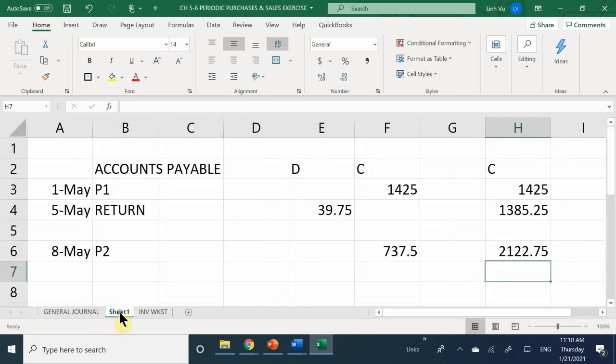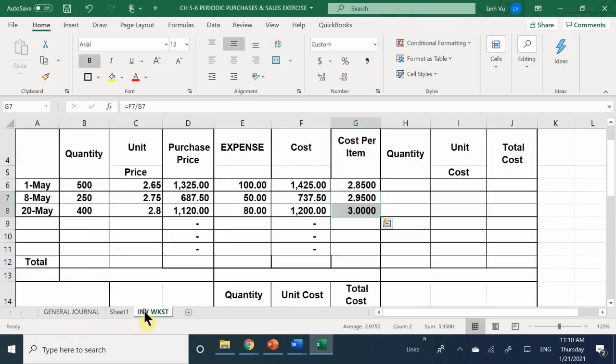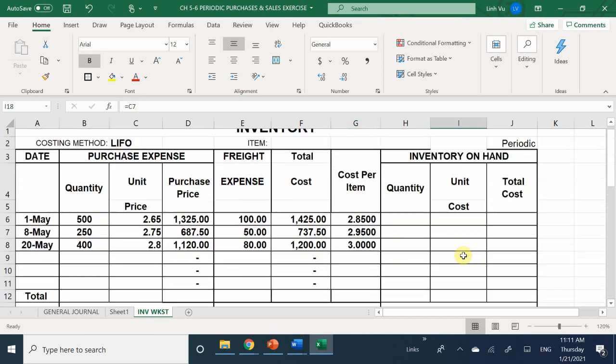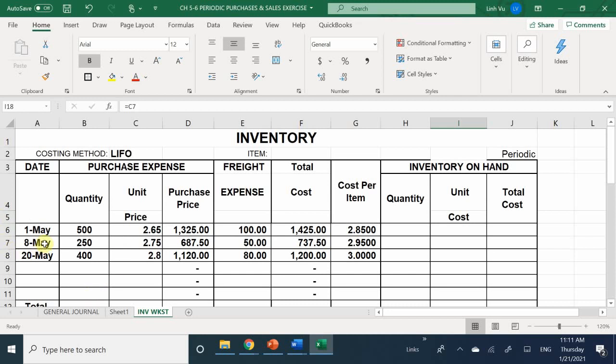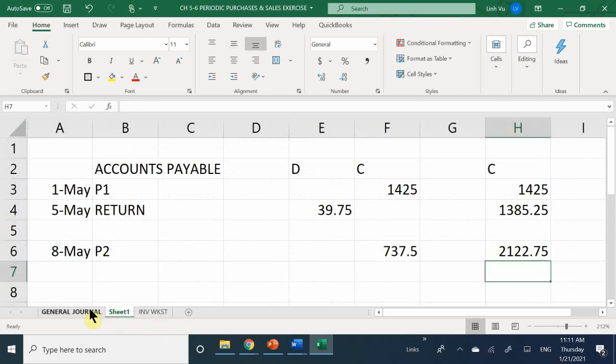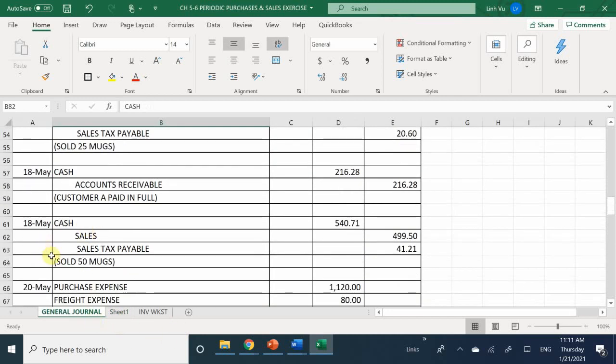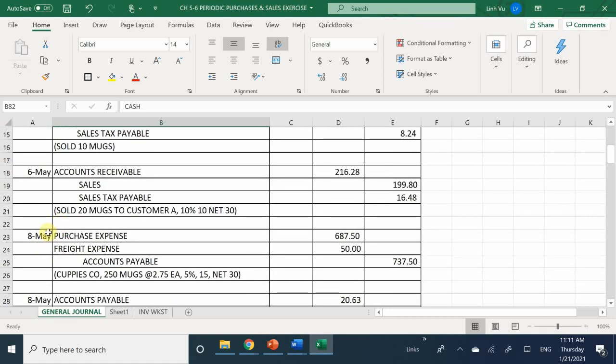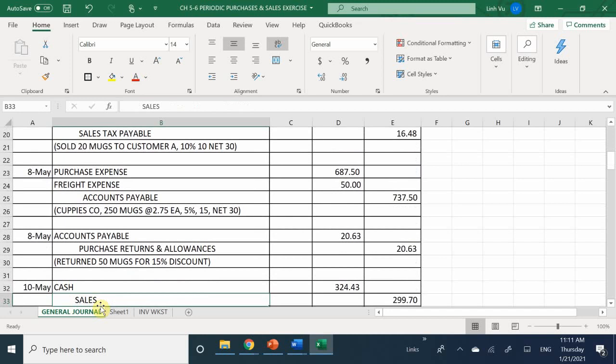Did I forget to record it? Let me see. So we received the discount off of the $275. The $275 was on May 8th. Okay, so I guess I did forget to record it. May 8th. Okay. Oh, right, here we go. Accounts payable. Okay, so here I have the refund right here. I ended up getting a discount for $20.63.